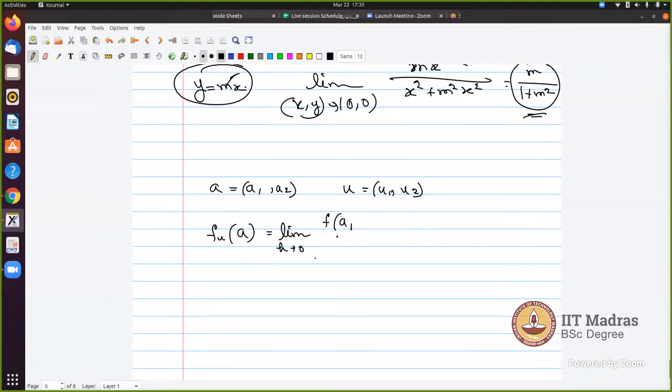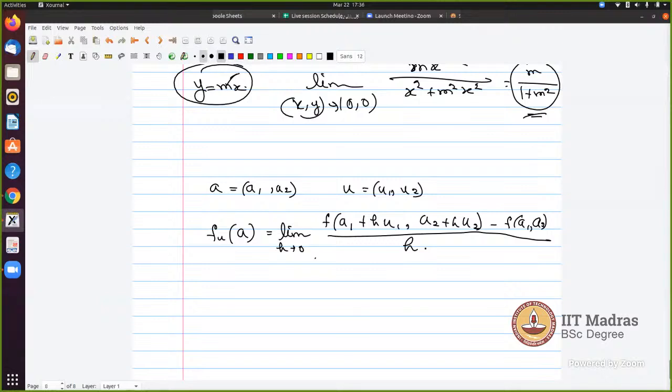This is the change, right? This is the increment by h, right? This will give you a number, right? Yes, sir.